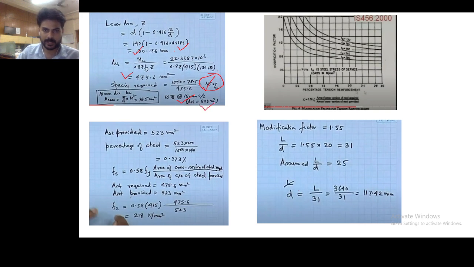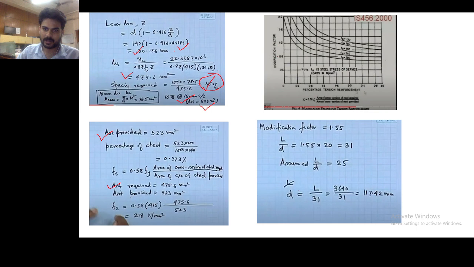You can calculate that. So the AST provided will be extra. We have provided extra from whatever we calculated because we reduced the spacing, right? So whatever we are calculating, we are calculating for a 1 meter span. So AST provided is 523, AST required is 475.